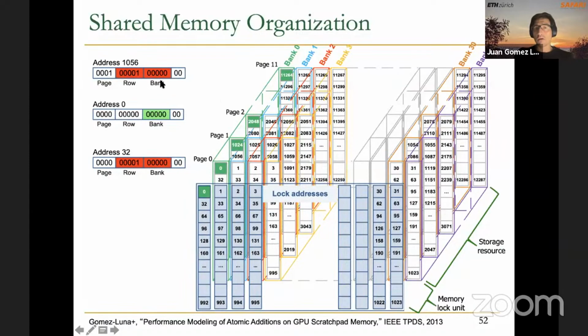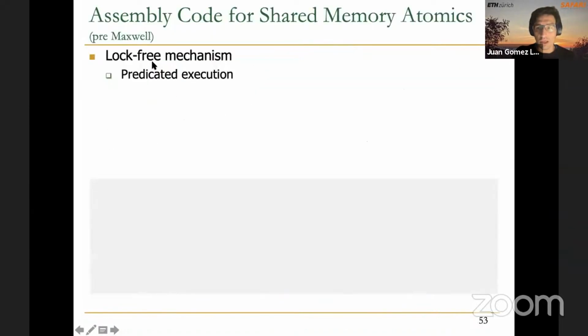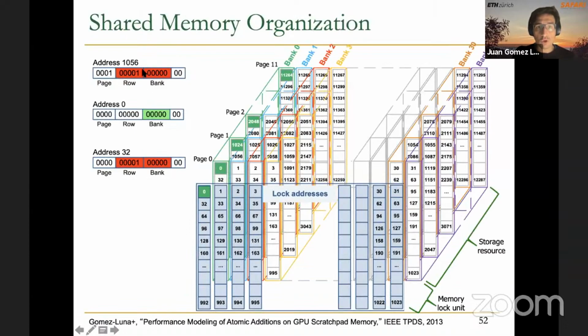But that might be even worse if not only the bank bits are the same, but also the row bits. If that's the case, as for example, we can see in 1056 and 32. 32 is here, 1056 is here, and the problem is that these two are sharing the same lock bit, as you can see.